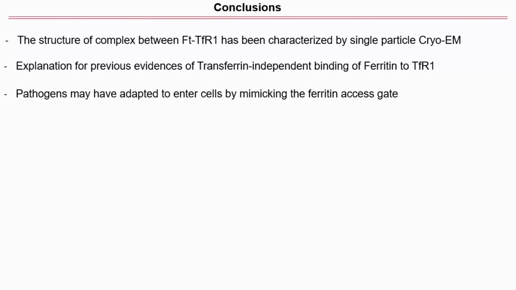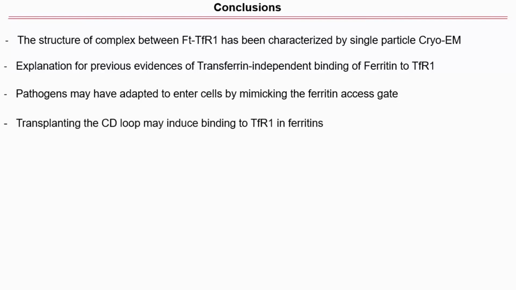We gave an explanation of why the binding to this portion of the receptor is advantageous for pathogens to enter cells, because the host cannot defend itself by mutating it. And last but not least, that we can transplant this loop to induce binding to the receptor for other ferritins, thus paving the way to using ferritin as a totally biocompatible nanoparticle.